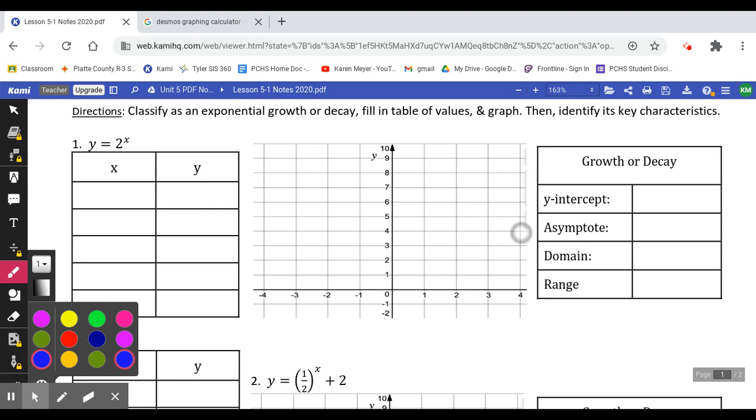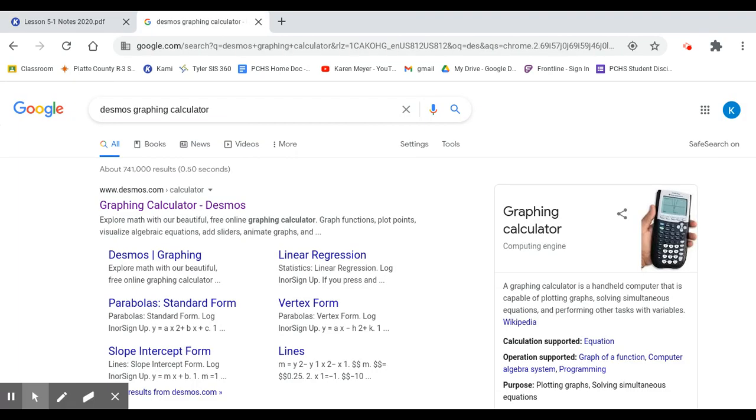Okay, to help us make a graph, we are going to use an online graphing calculator. So if everyone could go out to the internet and type in Desmos graphing calculator. You'll see that I have it right here on the screen. It's the very first one that pops up. Click on that.